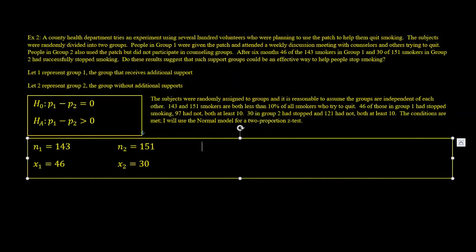Let's find one additional thing that we'll use to interpret a little bit, mainly from the normal curve. We'll find that difference. So p1 hat minus p2 hat equals 0.322 minus 0.199, which is 0.123.